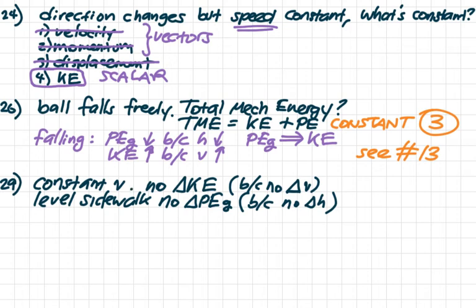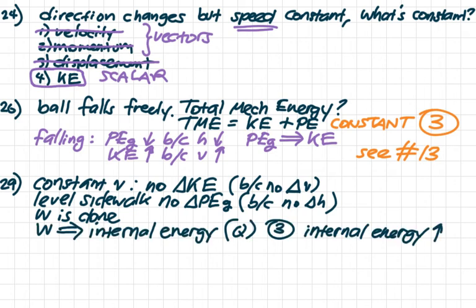And so then what happens to the wagon's energy? Because work's being done. We have a force times displacement. So work is being done. And if work is being done, where is that work going? If not into potential energy or kinetic energy, it must go into internal energy in the form of heat. So yeah, the internal energy increases, and that would be choice 3.